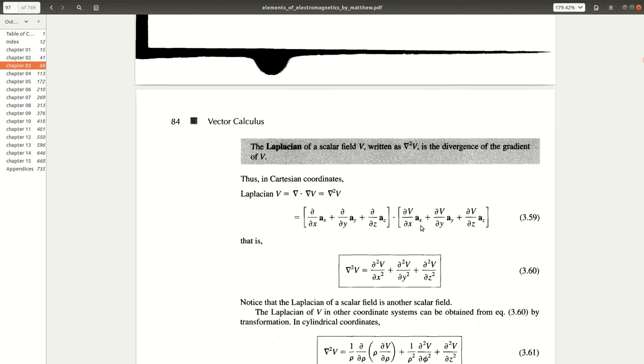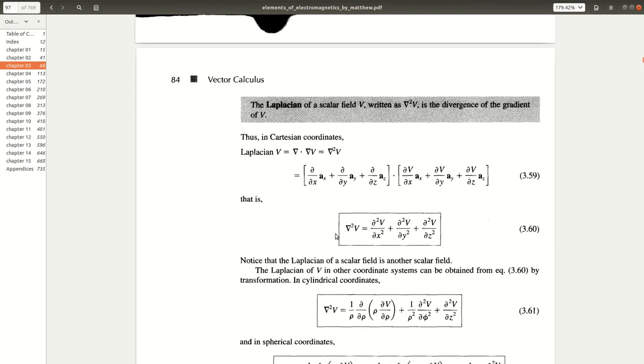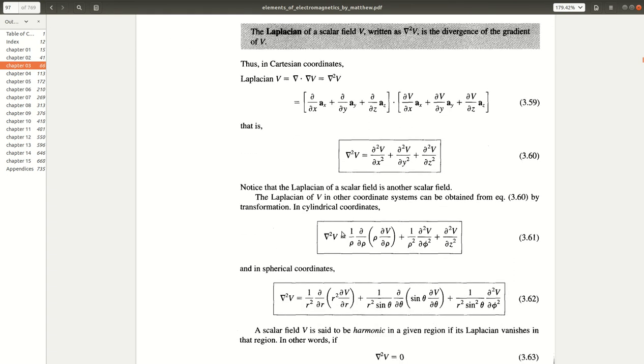You take the partial differentiation in each direction, and then it's like you take the second partial derivative and add them up. That's why we write del to the power 2. So this is the meaning of the Laplacian. The Laplacian gives you a scalar, another scalar field. Okay, this is the last one.